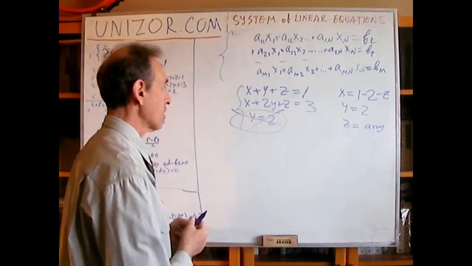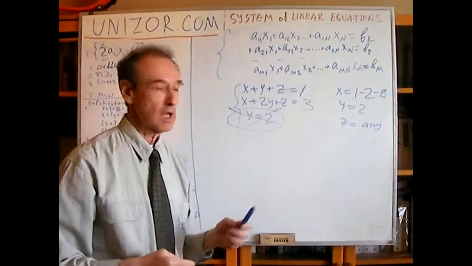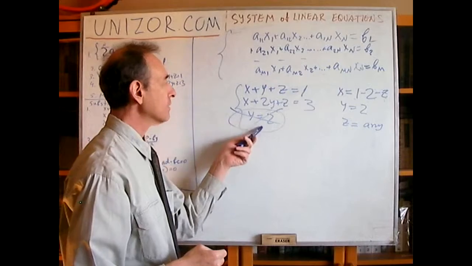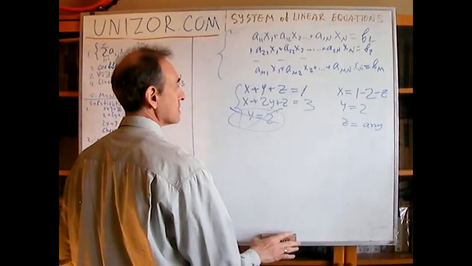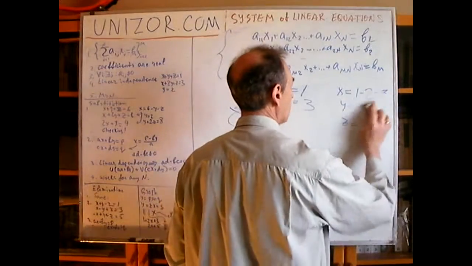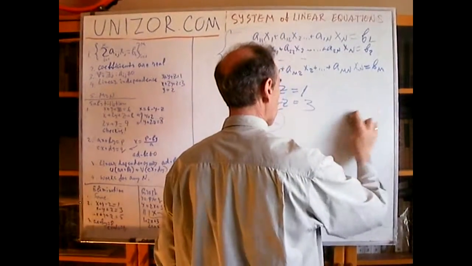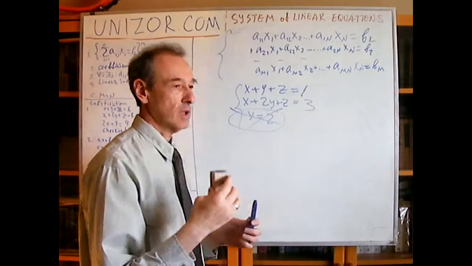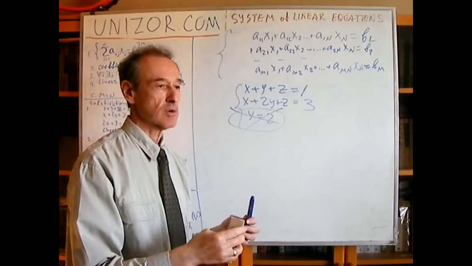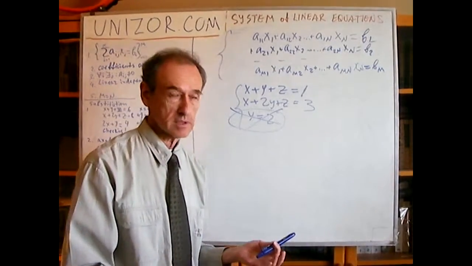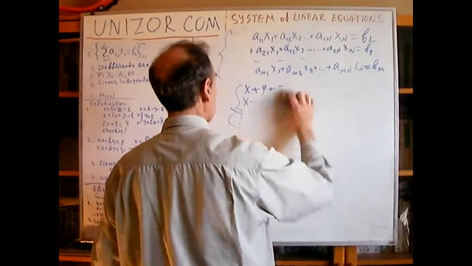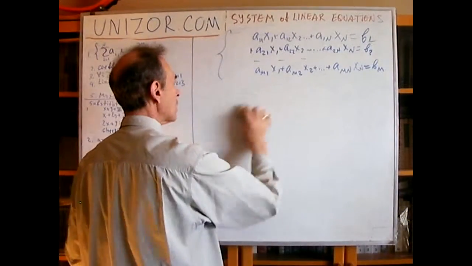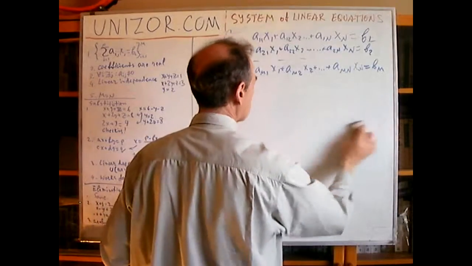Not interesting. So basically, we would like to exclude this case when one of the equations is a linear combination, in this case, of the other. Now, I will spend a little bit more time later on in this lecture about what's the criteria of the dependency, but sufficient to say that we would like to have the system of equations linearly independent.